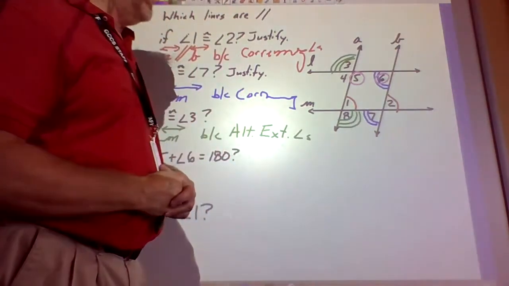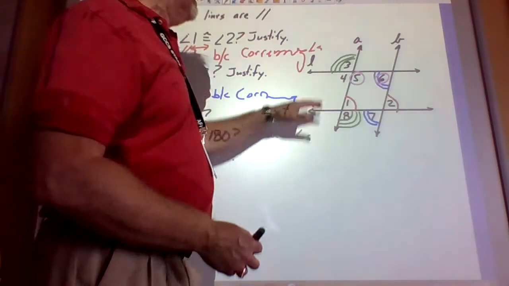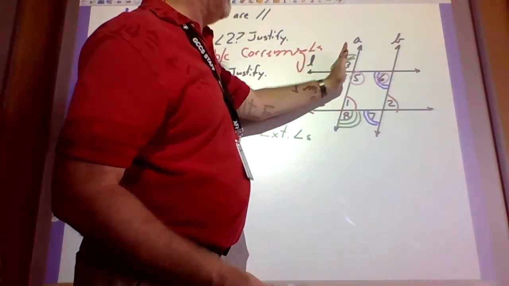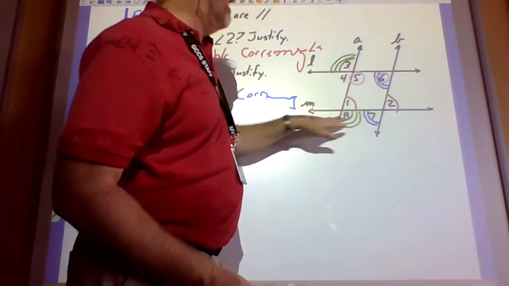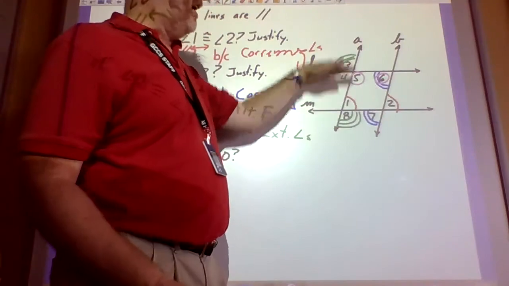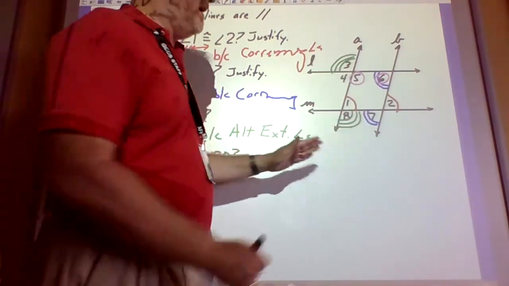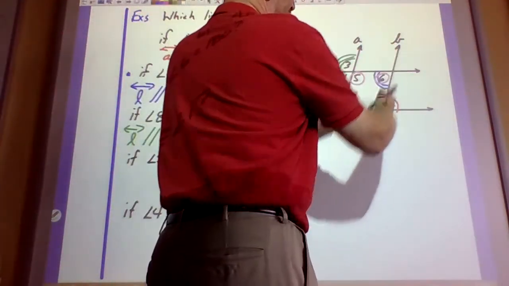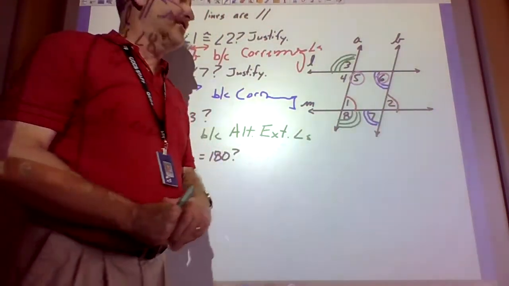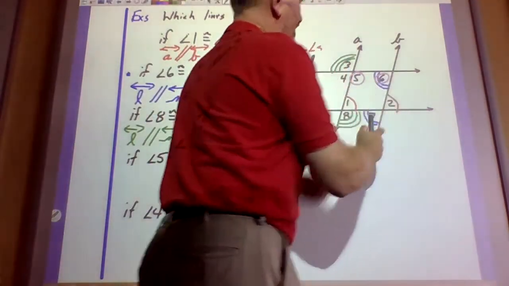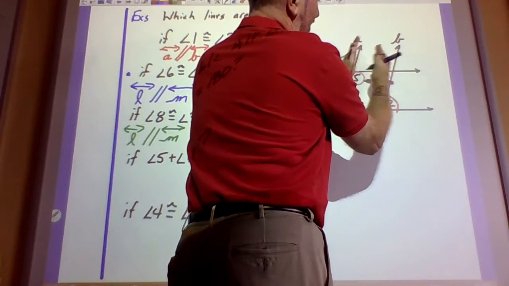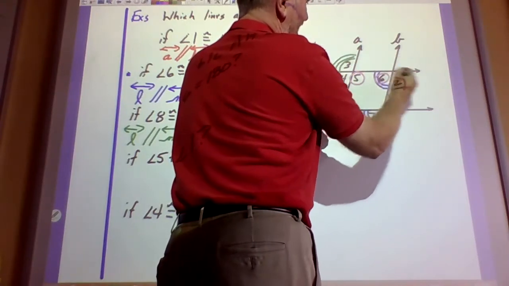And so the 2 lines we're talking about, well, 5 and 6 are up here on L, and they're also on A and B. There's no pink circles on line M, so forget about L and M. It's not those 2. It must be A and B. So let's double check and see if we have same side interior for A and B. And sure enough, you look at 5, you look at 6, they're on the interior, and they're on the same side of the transversal.